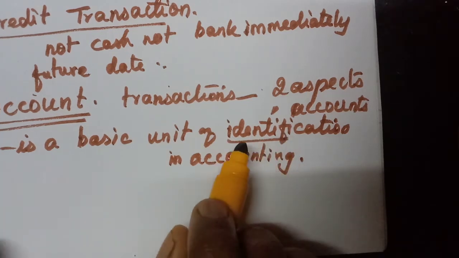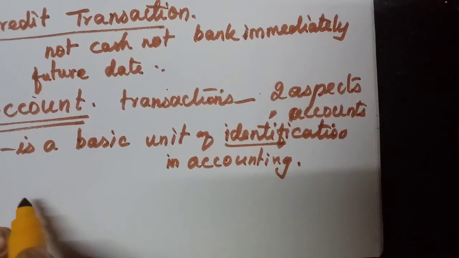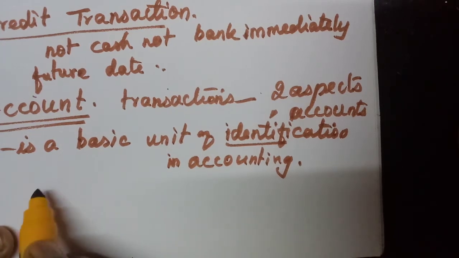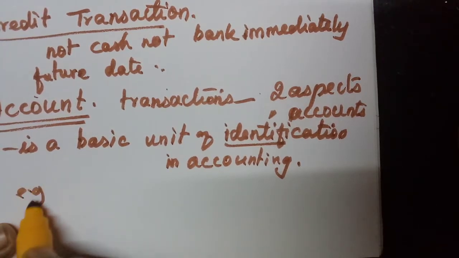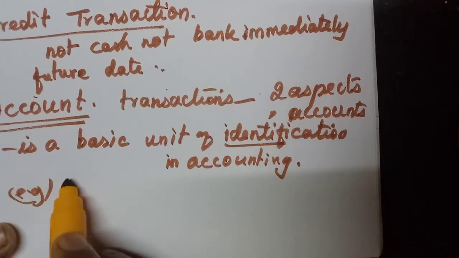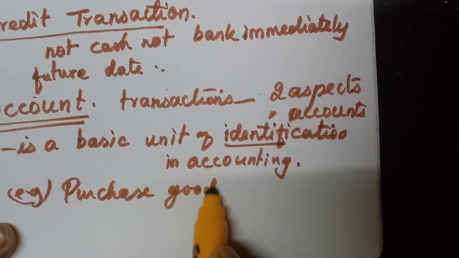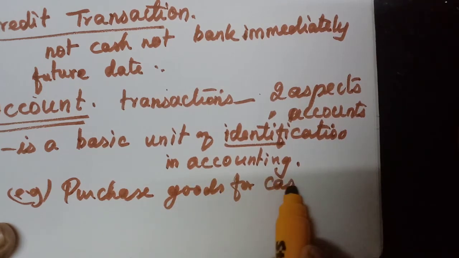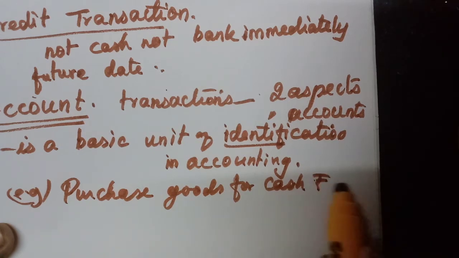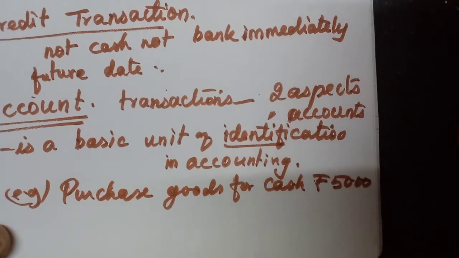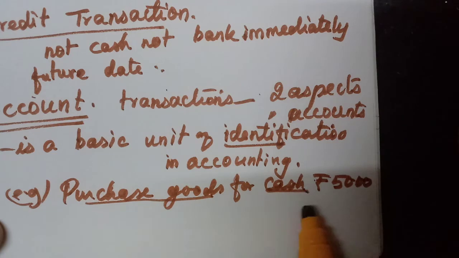For example, if it is a cash transaction, we purchase goods for cash for rupees 5,000. What are the two aspects here? We purchase goods and we pay cash, isn't it? When we purchase goods, what is coming in? Goods.